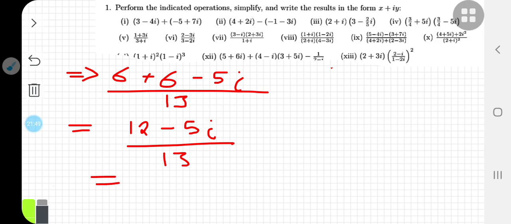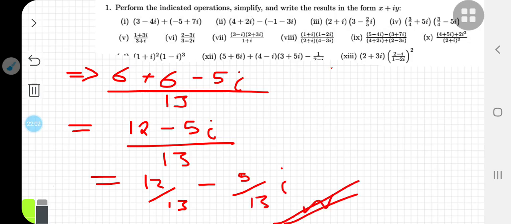Then our solution becomes 12 over 13 minus 5 over 13i. So this is our solution.